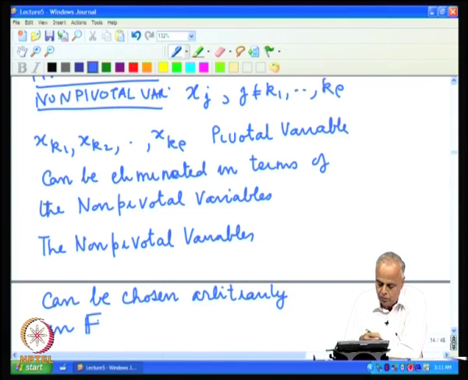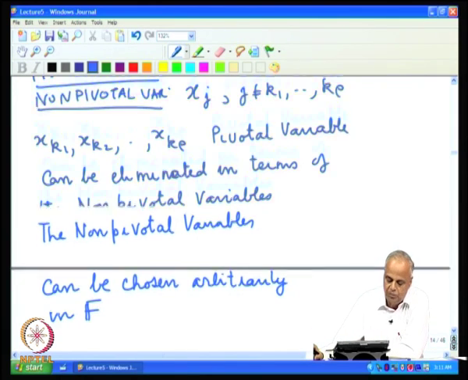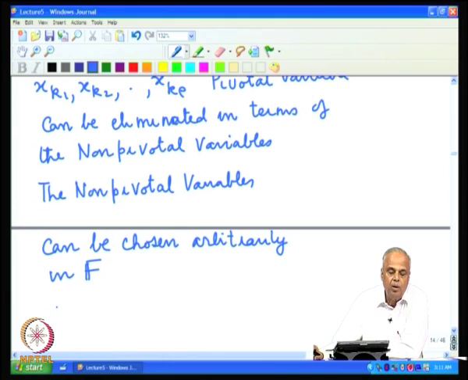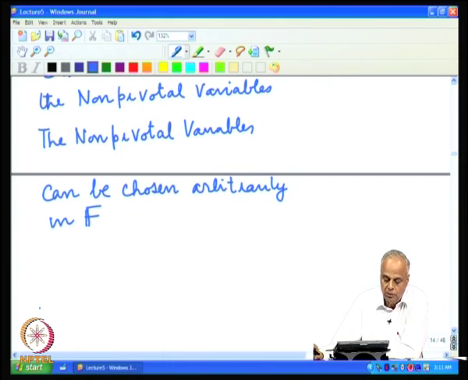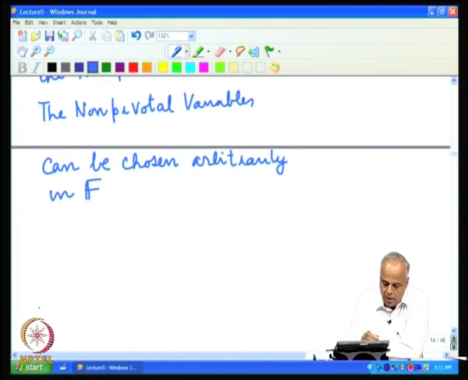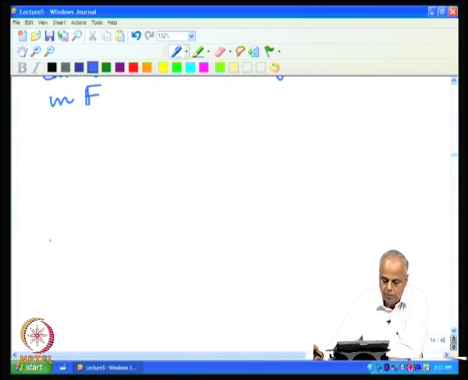By varying over all the possible values that we can choose over F, we get all the solutions of the homogeneous system. So, the general strategy for a matrix in row reduced echelon form is fairly simple.